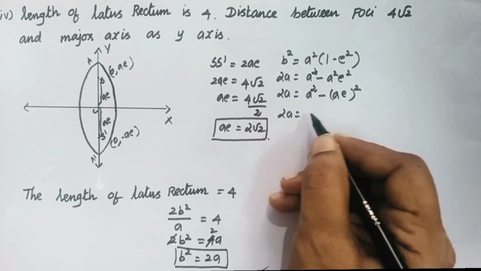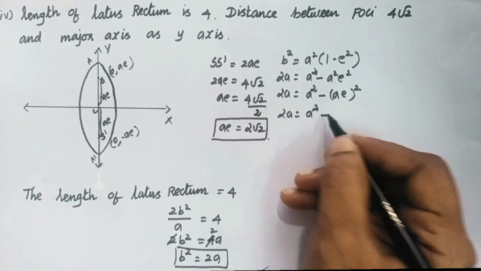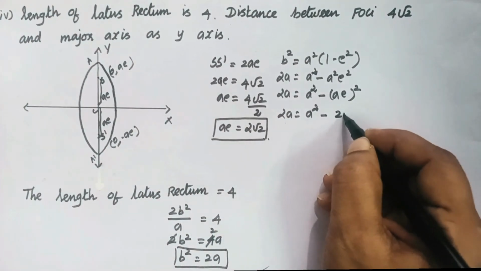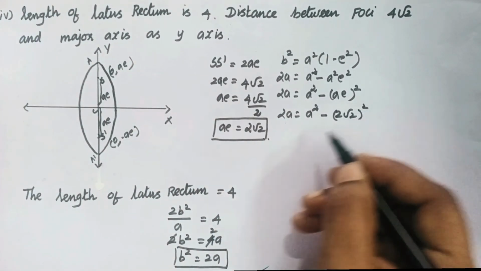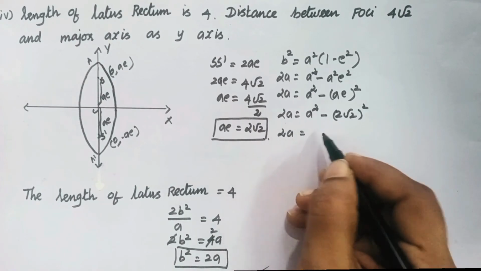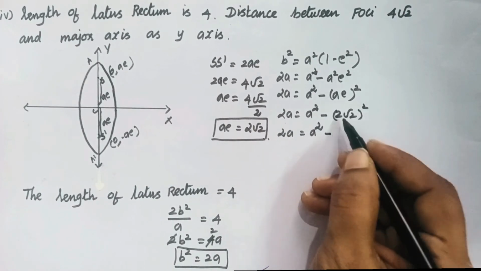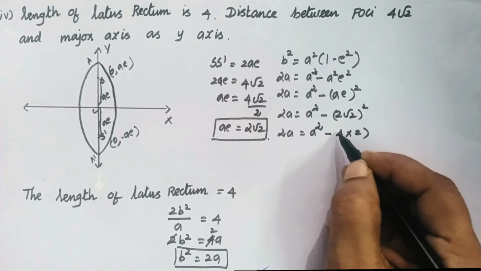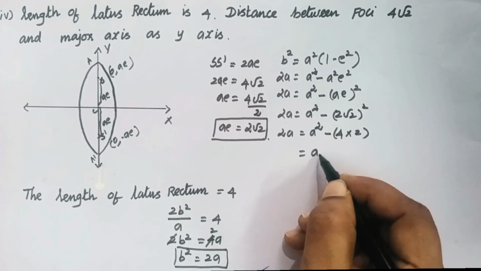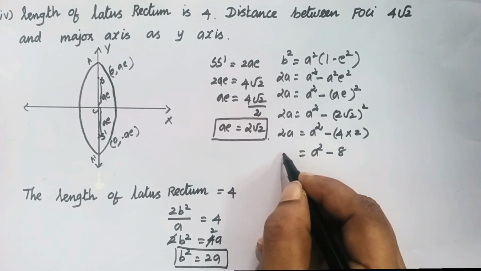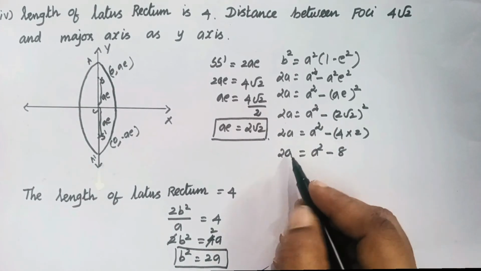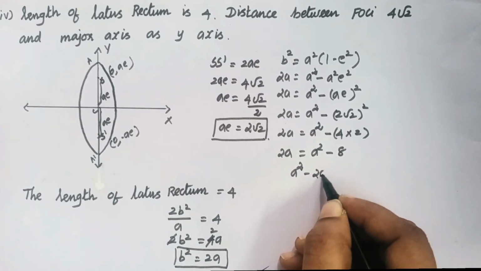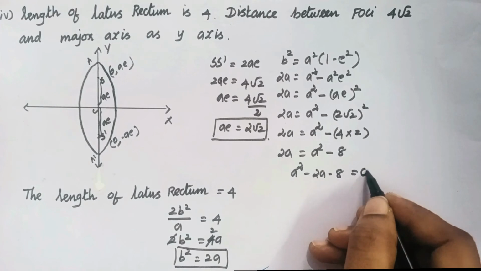Here ae value is 2 root 2, so 2 root 2 the whole squared. So 2a equals a squared minus 2 twos are 4 into root 2 into root 2, 2. So you get a squared minus 8. Here 2a is there, so you bring this 2a to this side. Then it will become a squared minus 2a minus 8 equals 0.